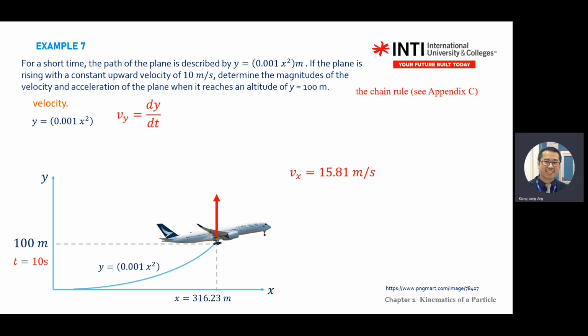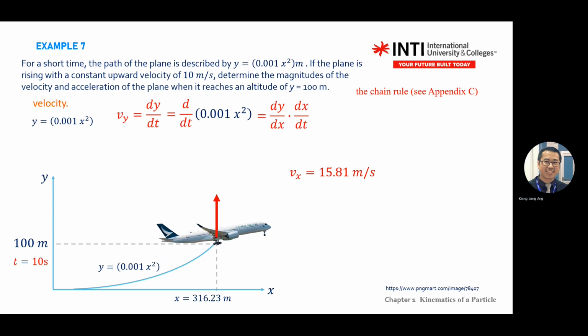So v equal to dy dt in the y direction. So you integrate this one, you get, you need to do the chain rule, huh? Why chain rule? Because inside here, there is no t. So you need to use the chain rule.